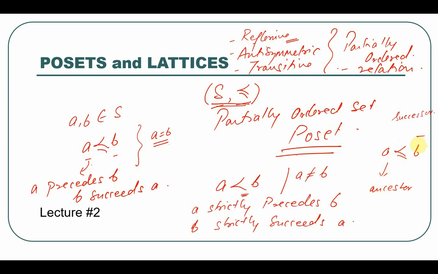Ancestor, successor. So let's now see how to represent this partially ordered set with the help of a special graphical way that is called a Hasse diagram.